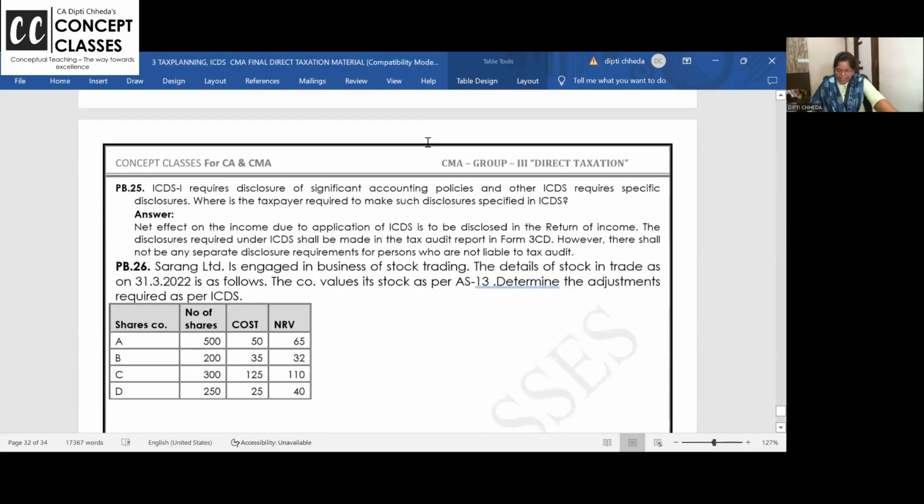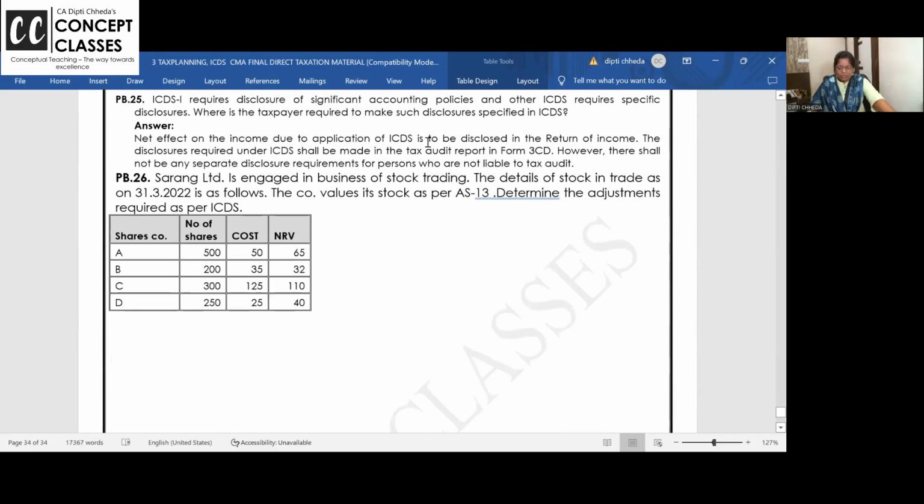One more problem I have added at the end, and this is not worked out. This we can work out now. This company is engaged in trading and the details of stock in trade are given. Determine the adjustment required. Now there are different kinds of shares. I think it is better we do it in the notebook. There it was number of shares and all only.